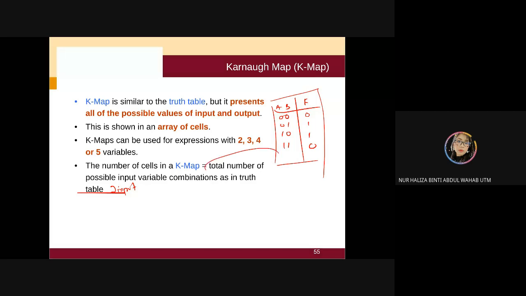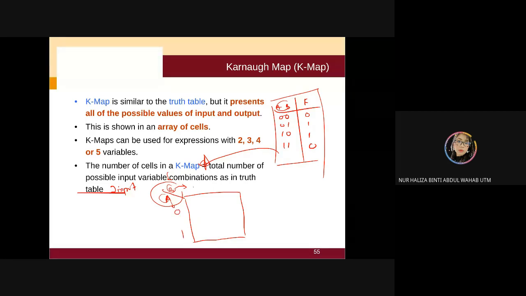So how are you going to represent it in the K-map? It's going to look like this. A, B. Here is the side for you to put the input. B is at this side, and A is at the other side. You write down the possible inputs for A: of course only 0 and 1.